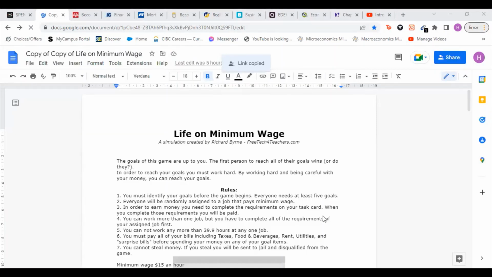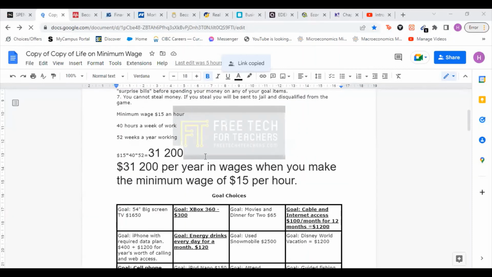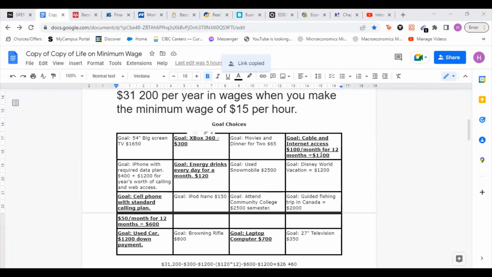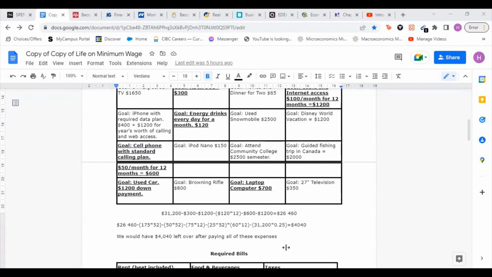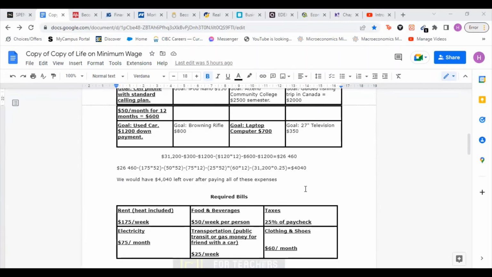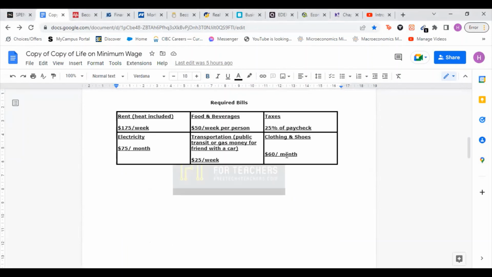So check this out. If you work $15 an hour, 40 hours a week, 52 weeks of working, you'll make $31,200 per year. Then you buy all these things: Xbox 360, cable and internet access, energy drinks, cell phone, used car, laptop computer, and then you pay for rent, food and beverages, tax, electricity, transportation, clothing, and shoes. You'd only have $4,040 left over after paying all those expenses.